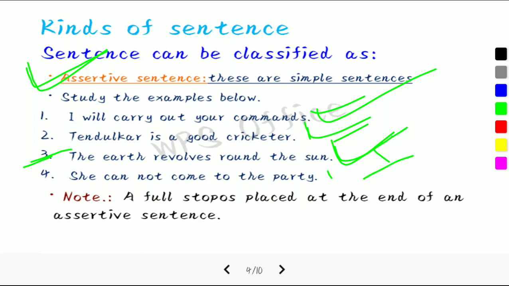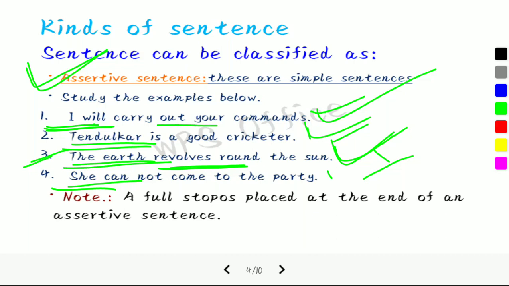Always remember, we should note that a full stop is placed at the end of an assertive sentence. Here we can find that I is a subject, Tendulkar is a subject, the earth is a subject, she is a subject. Revolves here is the verb.